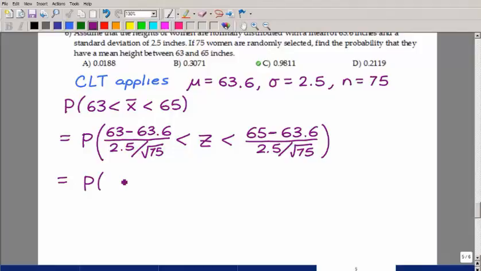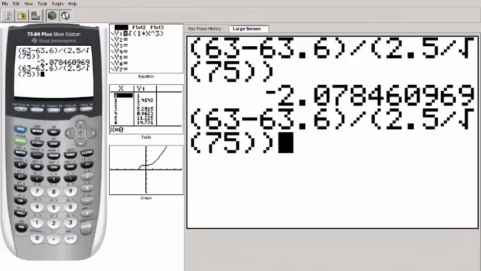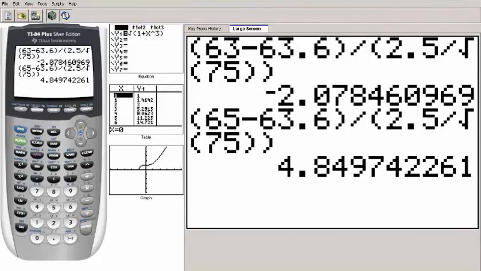Oh, that's the low end. Now I have to get the upper z value. So I'll go to the calculator and do the nice little second enter function. Change 63 to 65. That's all I have to do. Enter: 4.85.